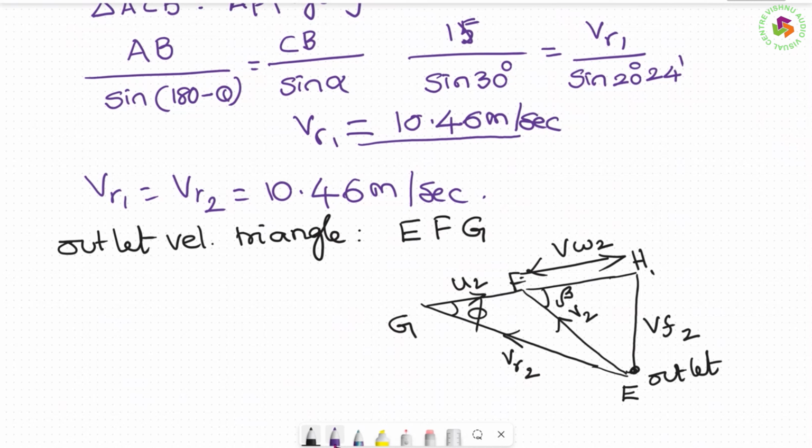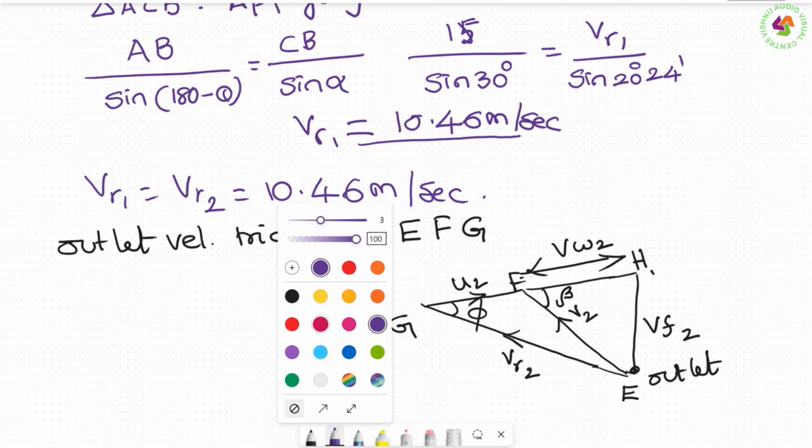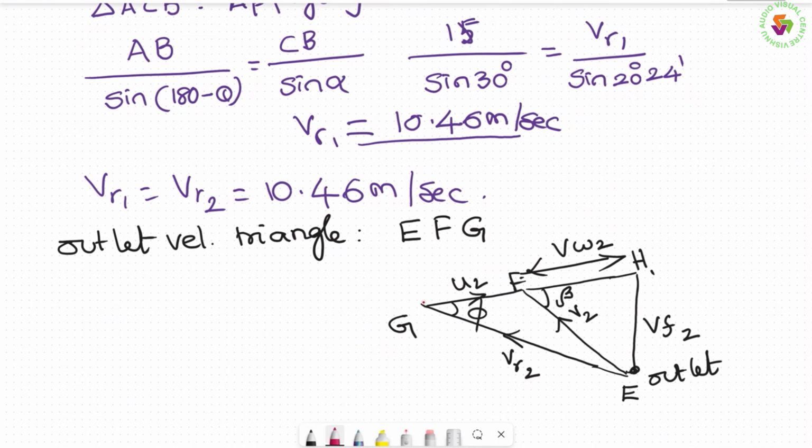I show the velocity triangle in color so you can understand easily. Whatever I am putting in red color is the real velocity triangle, because a velocity triangle is a triangle drawn between three things: absolute velocity, velocity of the vane, and relative velocity. If these three are the three sides of a triangle, then that triangle is called a velocity triangle.